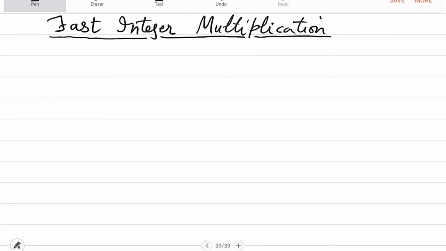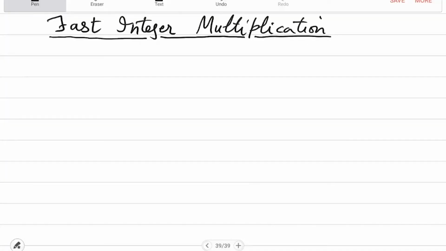So for 2 L bit integers, you already know an algorithm to multiply them in L square bit operations. So L square actual time. How do you make it faster? With all the algebra that you have learned till now, how do you bring it below L square?